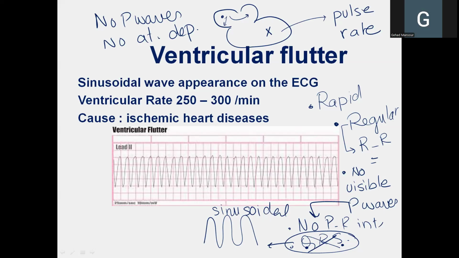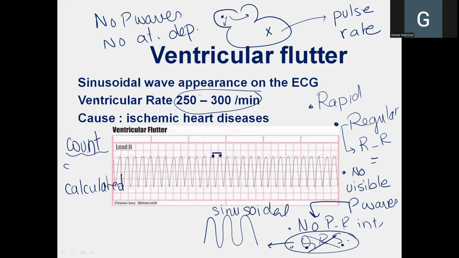You can easily detect the rate because in such a case, you can determine the R peak and another R peak, and you count the number of small squares in between them and divide 1,500. So again, I don't want you to say that the ventricular rate is 250 to 300, but I want you to say that I counted. So you first count, and then you calculate in order to have a measurable RR interval.